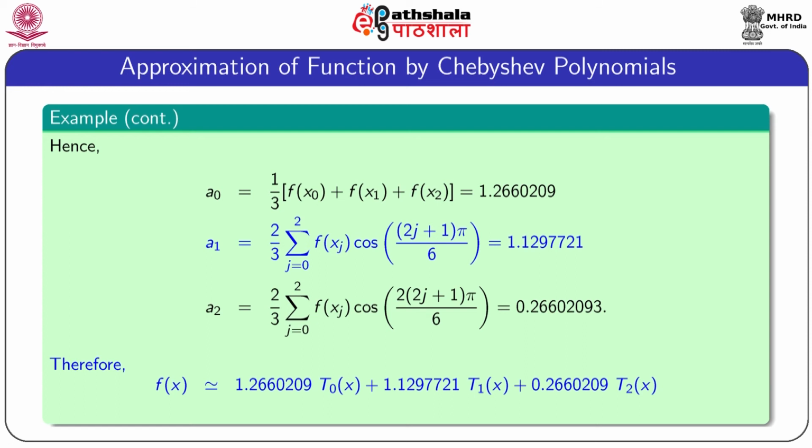And after substituting the values of T0(x), T1(x) and T2(x), this expression becomes 1 plus 1.1297721x plus 0.5320418 into x square. So, this is the approximate value of e to the power x within the interval [-1, 1], and this expression is taken up to the quadratic terms, that means the second degree terms.